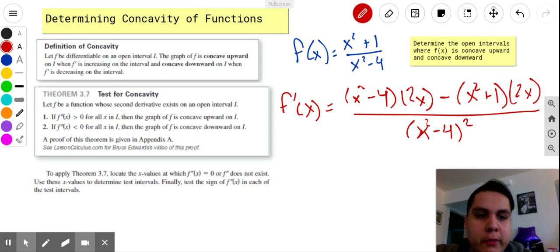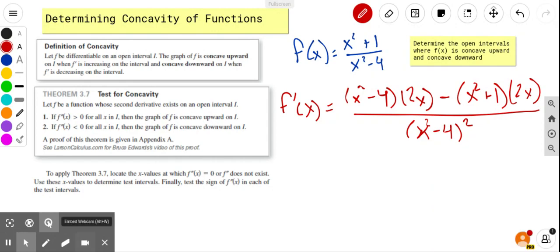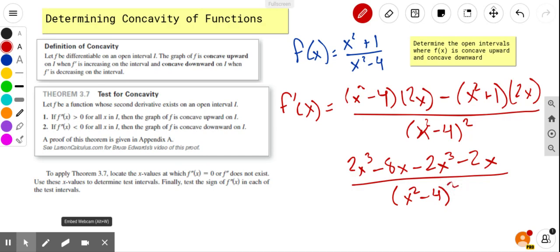All right, and I need room, so I'm going to get rid of my face. Boom. Okay. So from here, we can simplify this, and we get 2x cubed minus 8x minus 2x cubed minus 2x over x squared minus 4 squared.